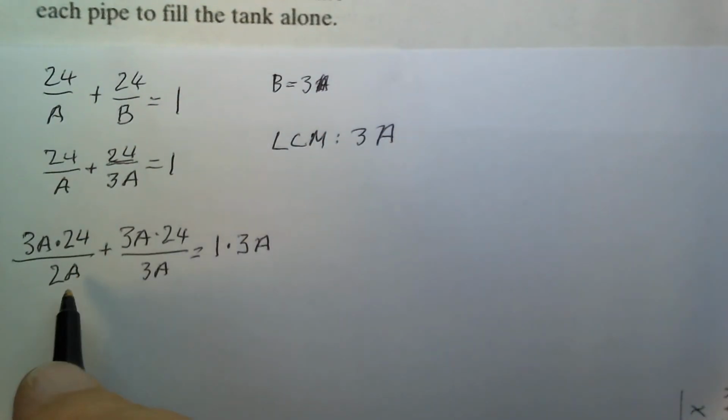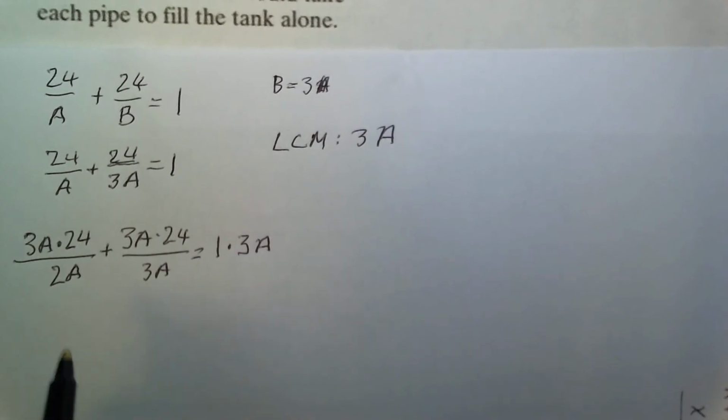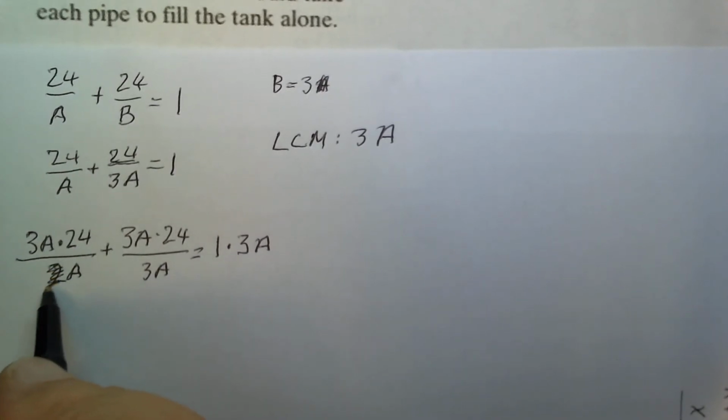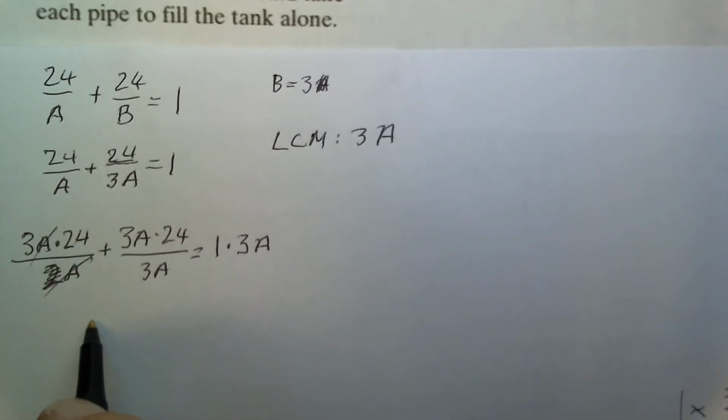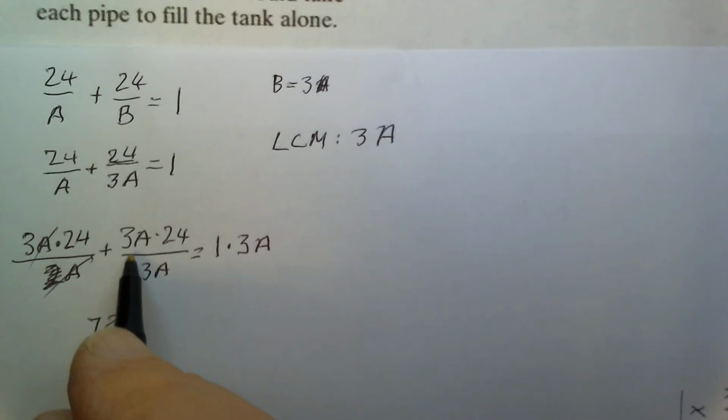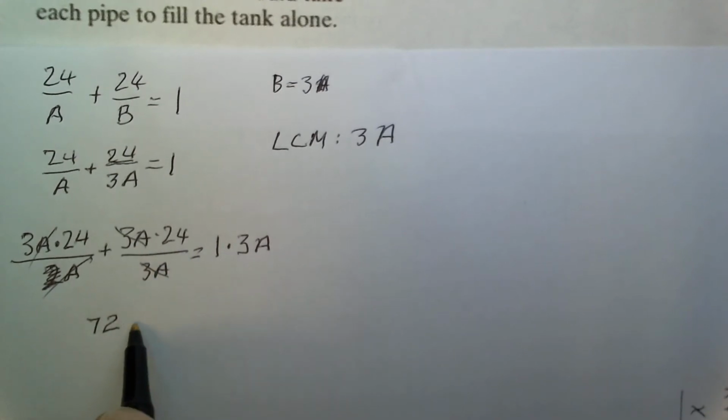So as we cancel the denominators, the A's cancel, and 3 times 24 is 72. Here the 3A's cancel, and we have 24.